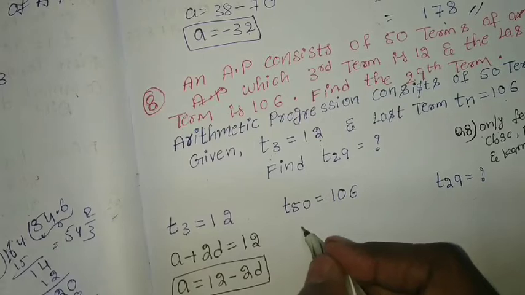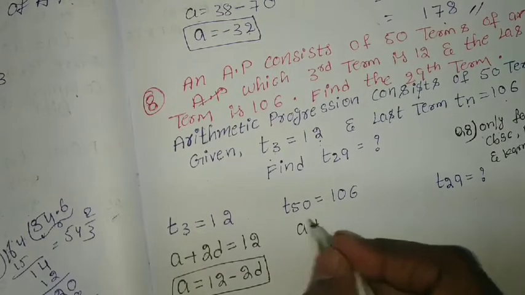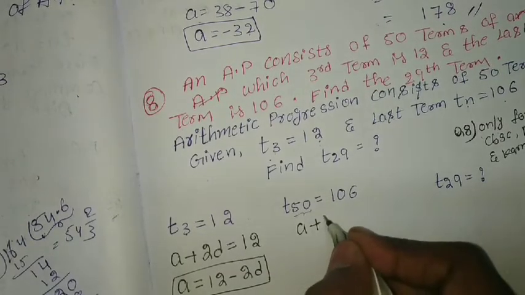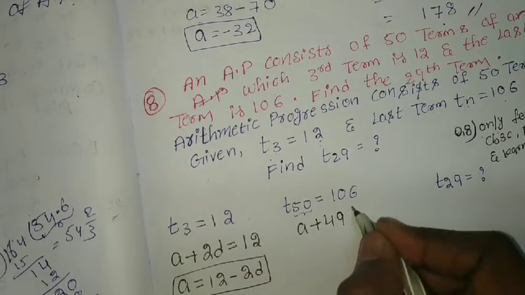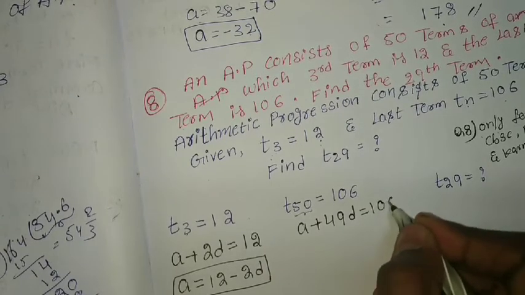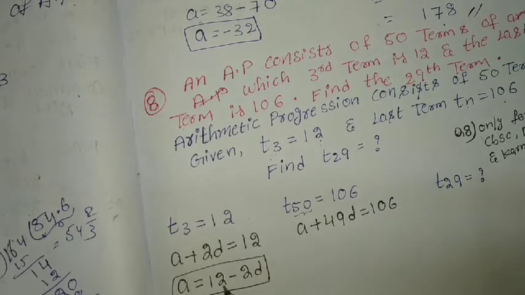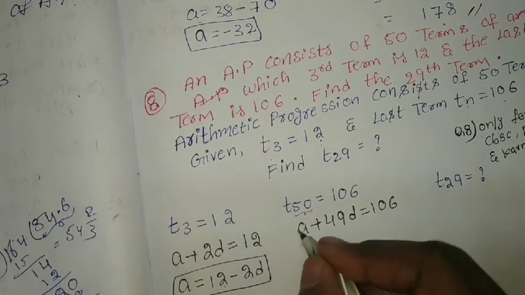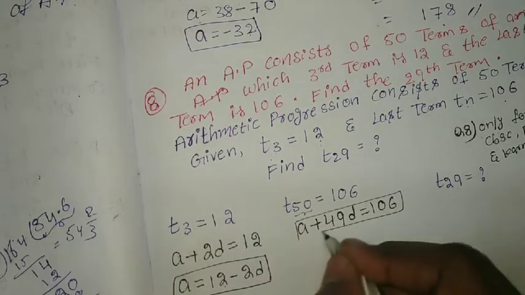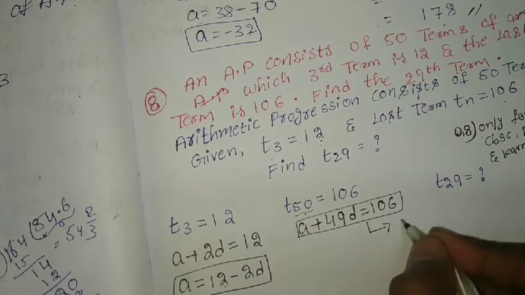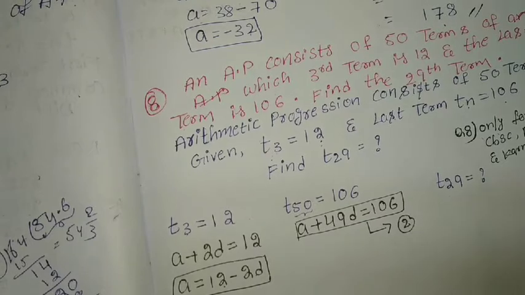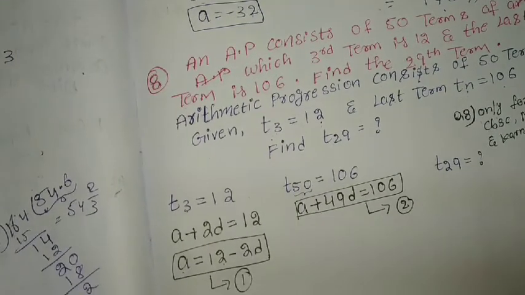So what is T50? The formula of T50 is a plus 49d, the preceding number of 50 is 49, is equal to 106. Keep this as equation 2 and a equal to 12 minus 2d as equation 1.